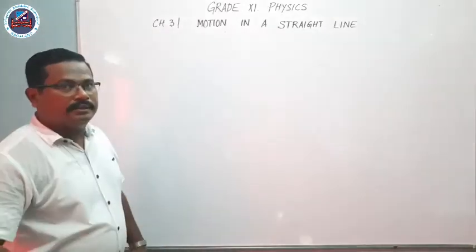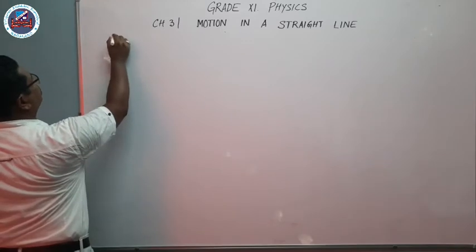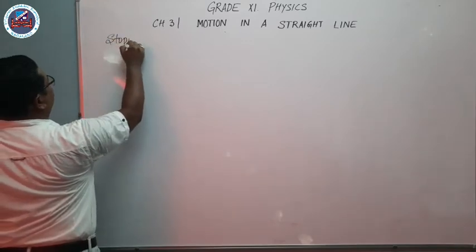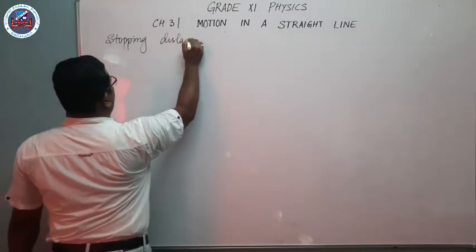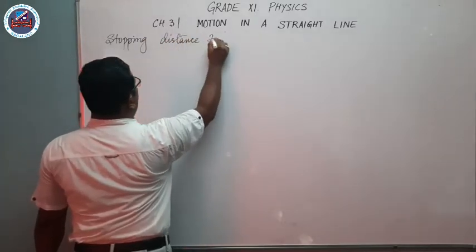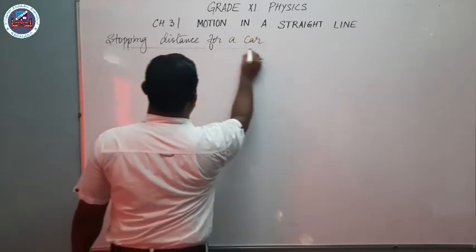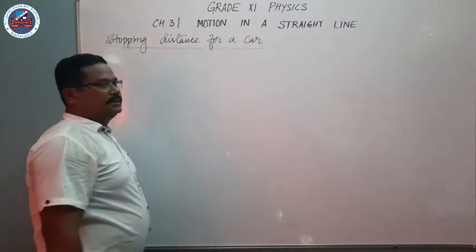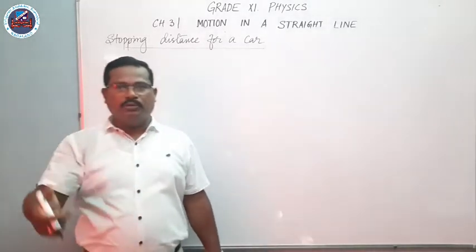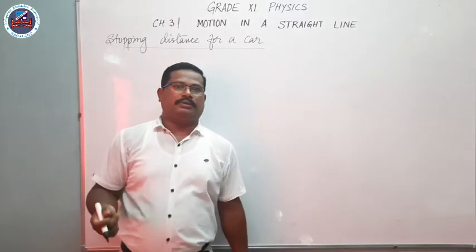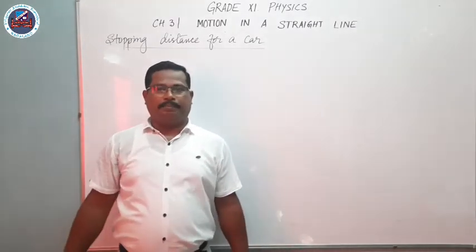Now let us see what is stopping distance for a vehicle or a car. Stopping distance is the distance the car or the vehicle moves after the brakes are applied.